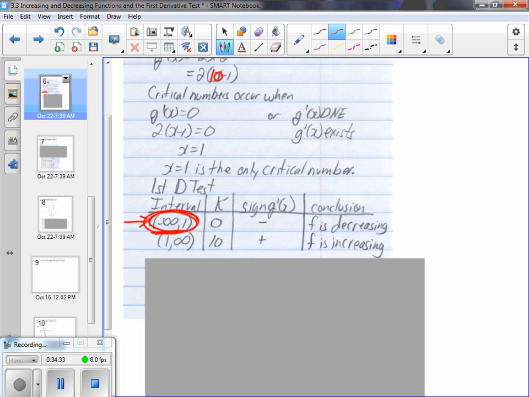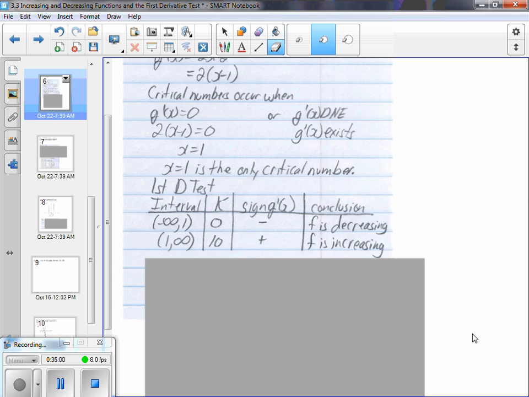So just pick a number that's easy to work with, find what the sign of the derivative is, and that has to be the sign of the derivative for that entire interval. Because it can't change anywhere except x equals 1, which is when it equals 0. Make sense? All right, that's all the directions for this problem ask us to do.